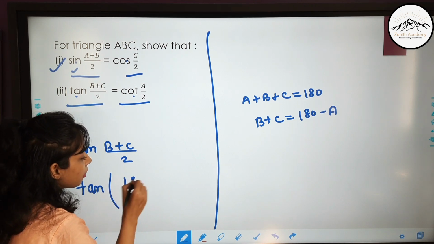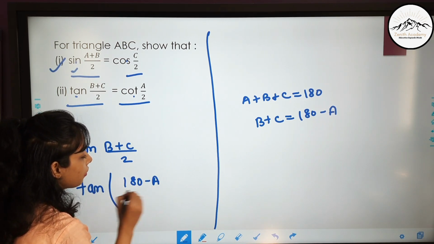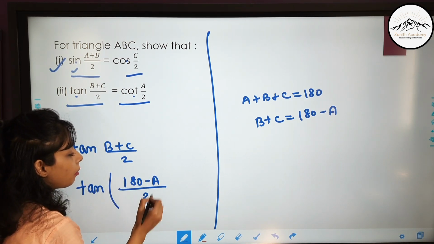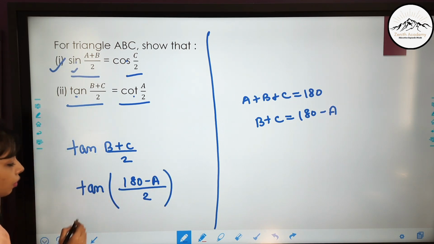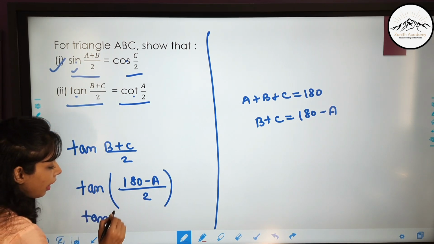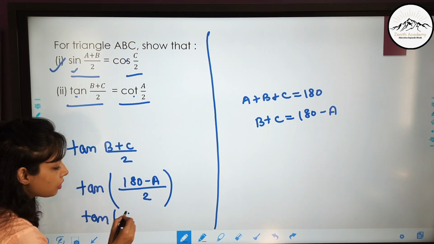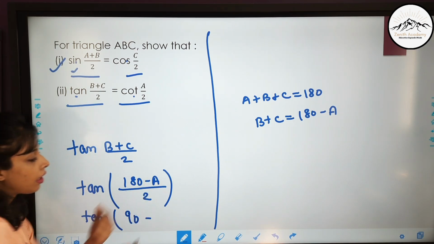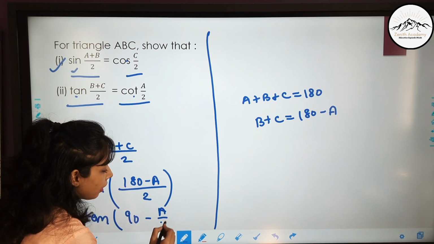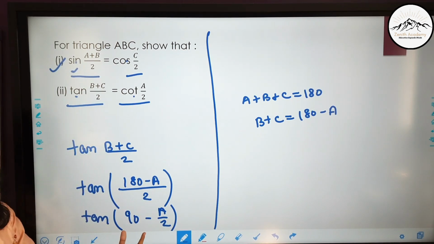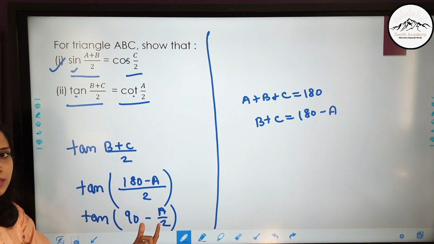Tan 180 minus A. For B plus C, we can write 180 minus A upon 2. So tan, 180 by 2, when we split this, 180 by 2 is what? 90. And this will leave A by 2. Now it is easy. What is tan 90 minus A?